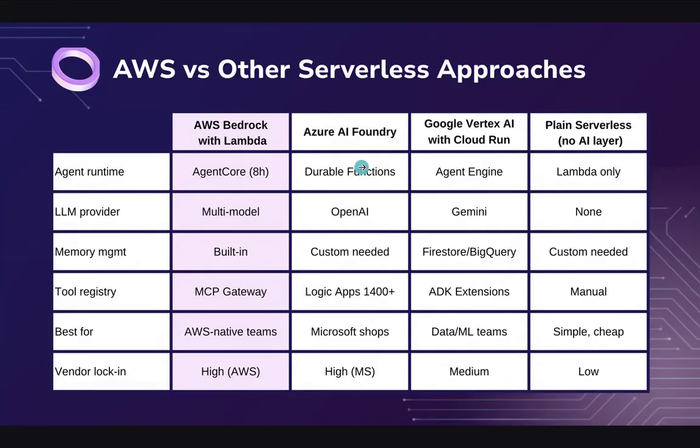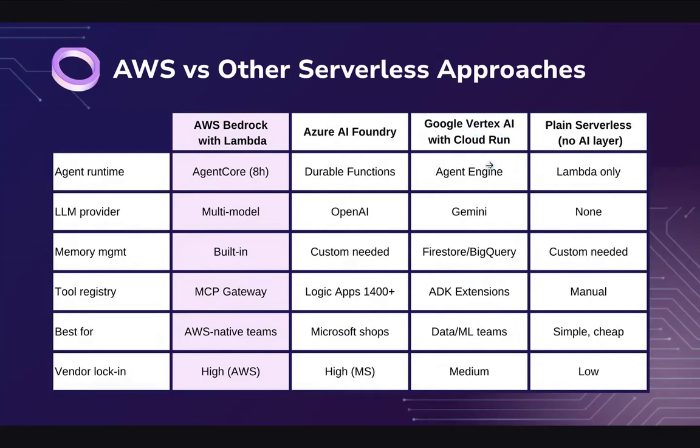For the Azure AI Foundry, the Microsoft equivalent, it uses Durable Functions for orchestration and has a huge advantage with over 1,000 action connections through Azure Logic Apps. This is great for connecting to enterprise systems like Teams, SharePoint, and Dynamics. Memory management is not built in the same way, so developers often need to build it themselves. It is best for Microsoft-heavy organizations.